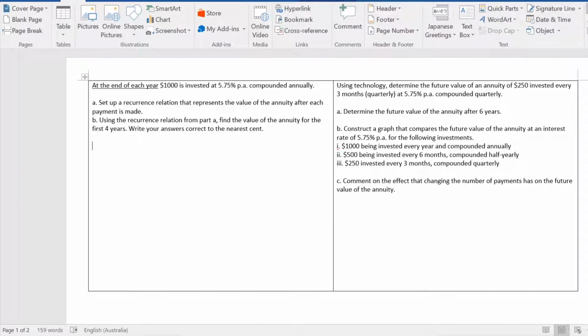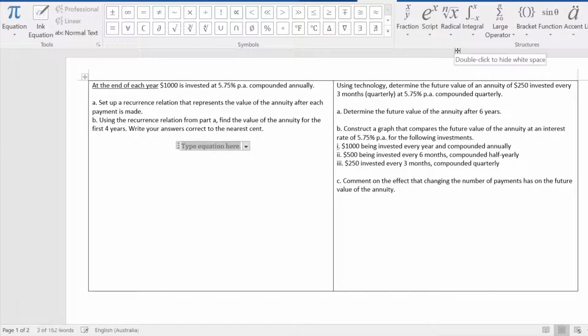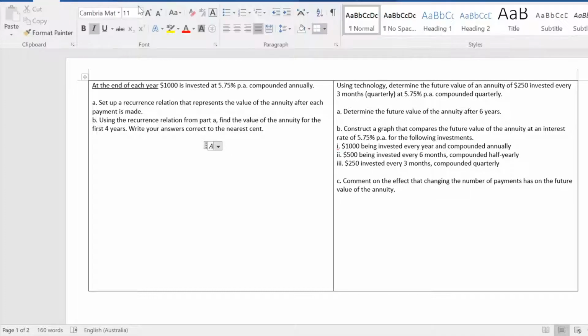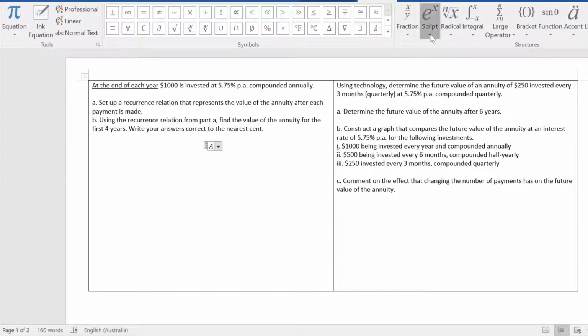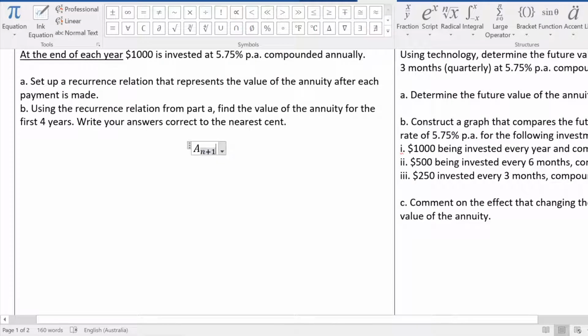So if you remember from earlier, and this will be on your formula sheet too, our annuity is A, n plus 1, which is going to be equal to the common ratio, R, times A_n.